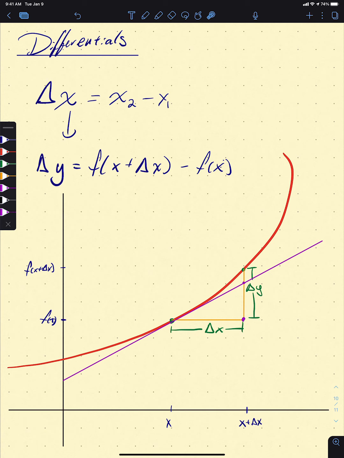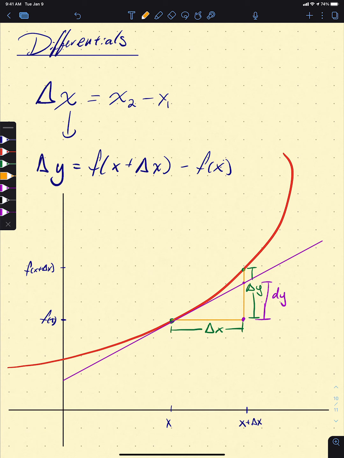That means that if delta x is small, this value here, which we'll call dy, is going to be a dang good approximation of delta y. And dy over delta x is going to be the slope, our derivative at x.